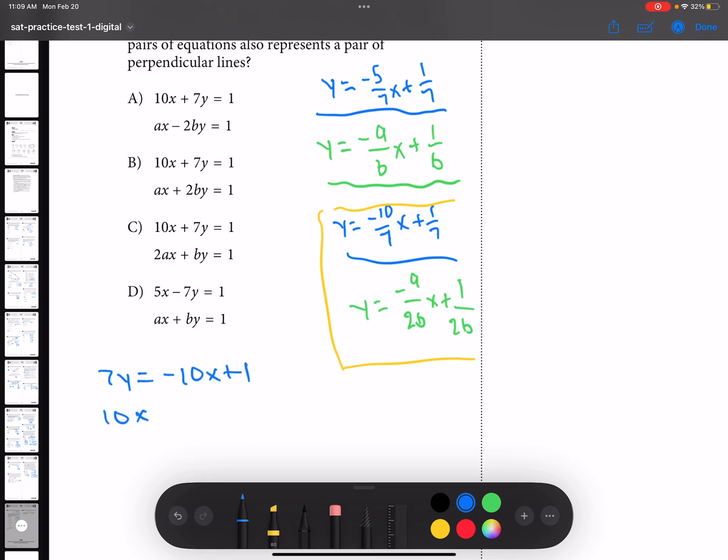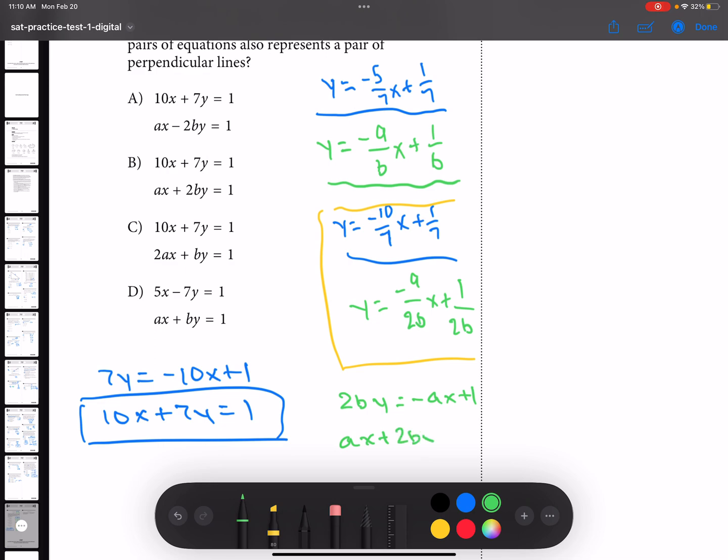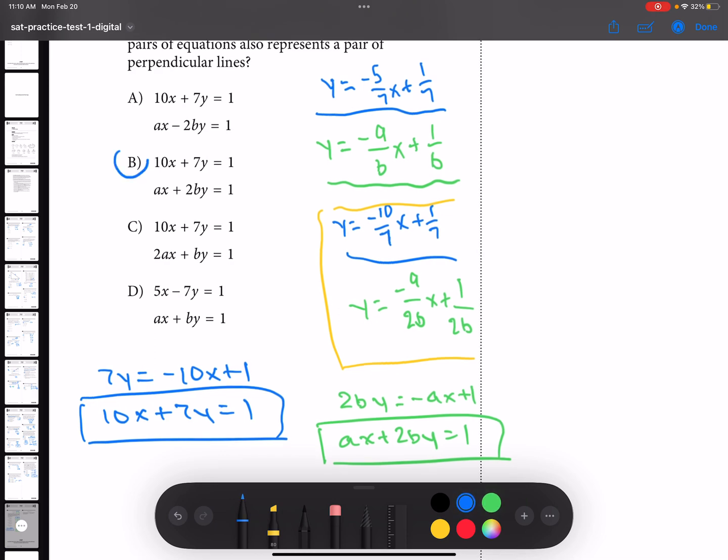So 10x plus 7y is equal to 1. So that's one equation. Now the next equation, we have this. So that would give us 2by is equal to minus ax plus 1. So ax plus 2by is equal to 1. So that's our second equation. With these two equations, we see that the matching answer is B. So our answer is B.